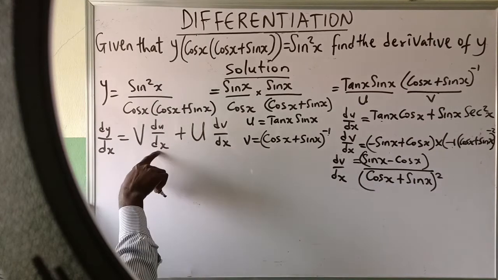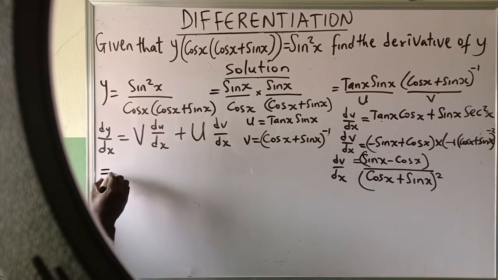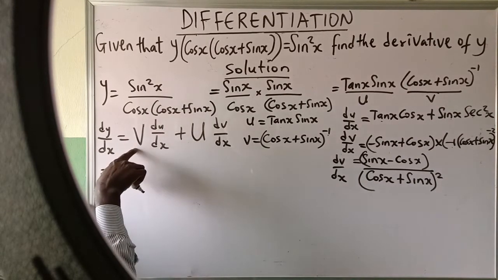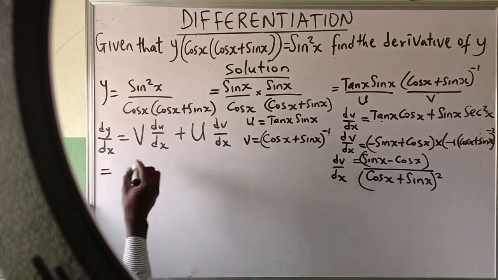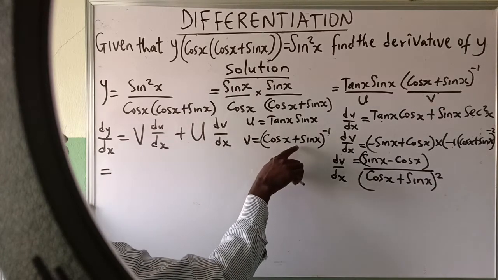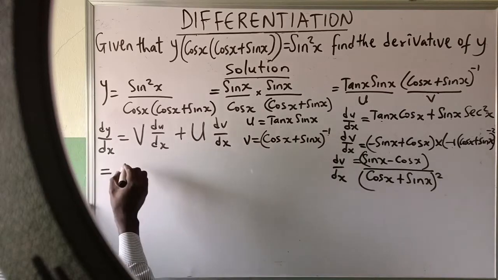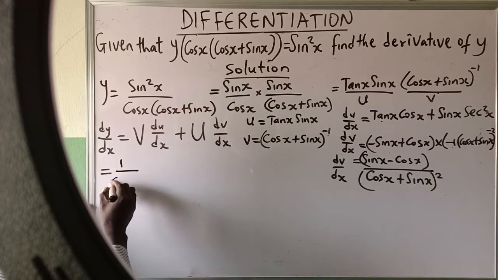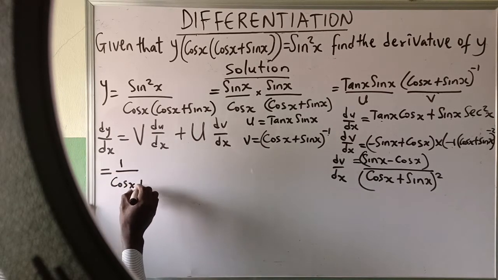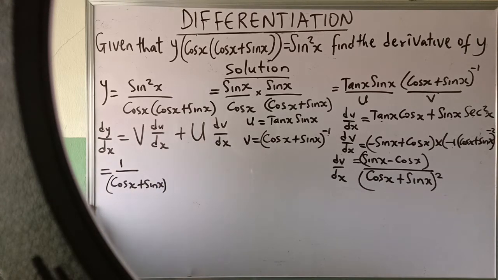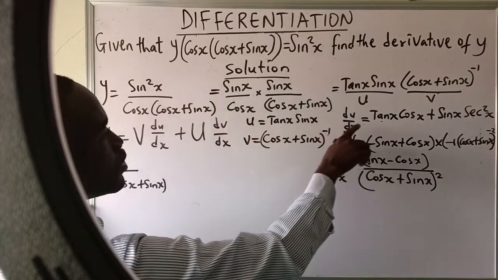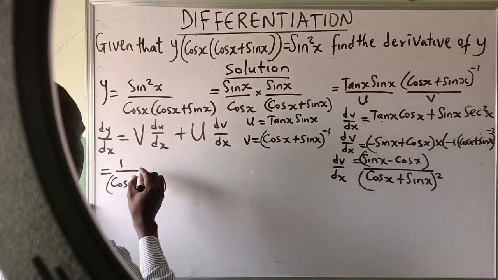We plug it into the formula and it will go this way. V is (cos x plus sin x) raised to the power minus 1, that is 1 over cos x plus sin x. Then du/dx is this.